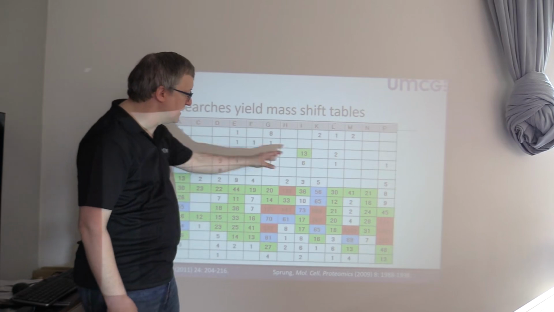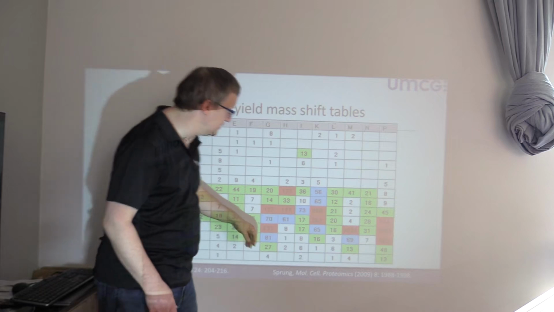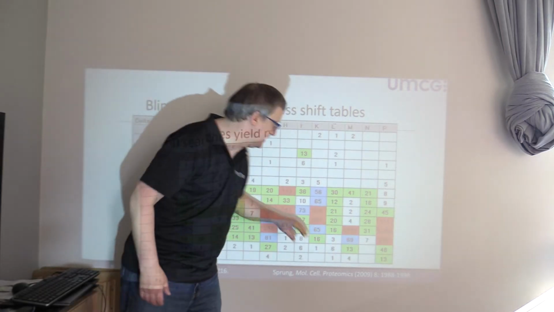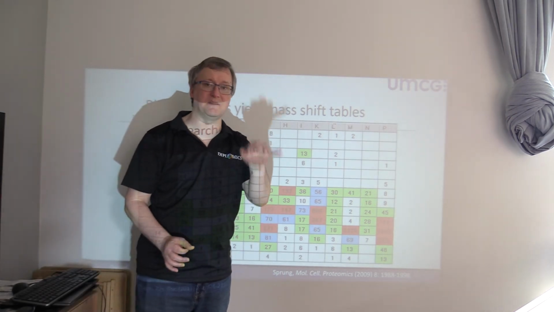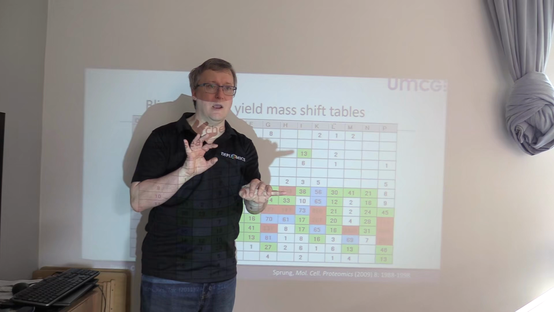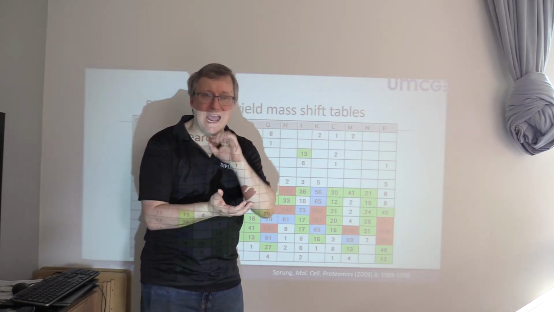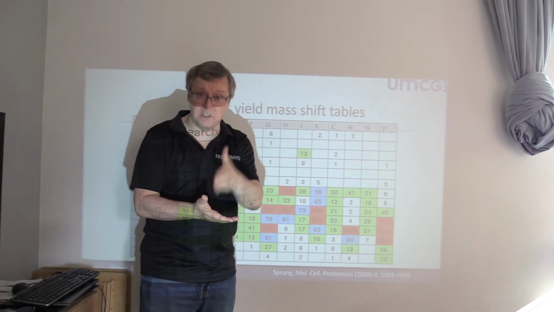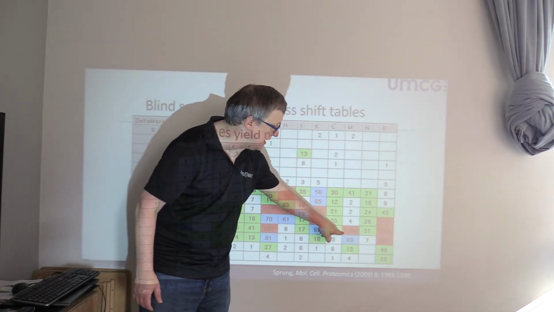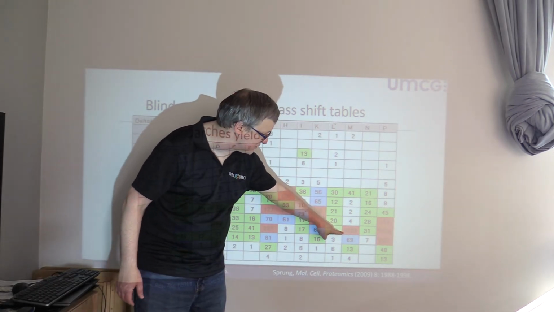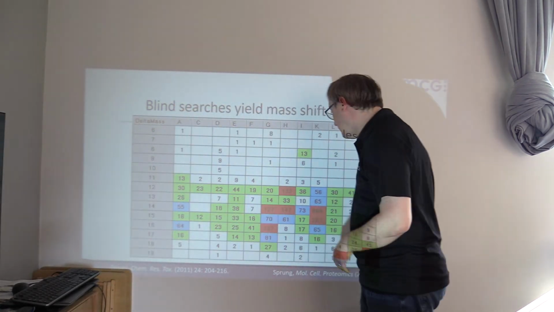So in this case, we're using a color strategy to flag which parts of this table are most important. When you see these red boxes, these represent the largest numbers of counts. The counts here are how many peptide spectrum matches have been found to add an arbitrary mass to this particular amino acid. So when we see something like this red box for methionine with 3,339 PSMs in it, that's the highest value on this chart.